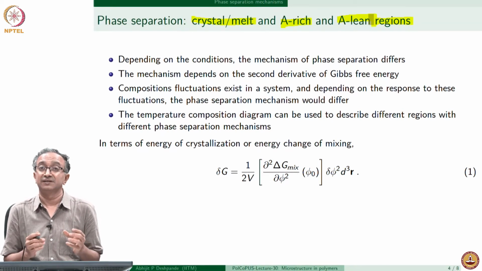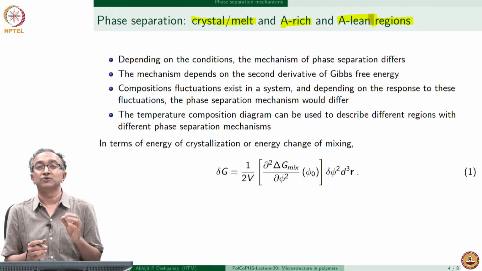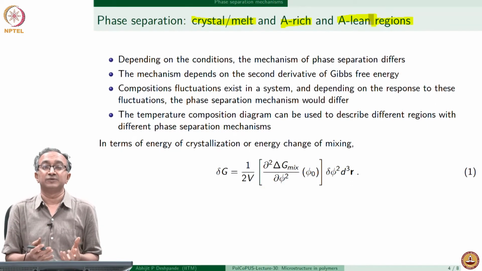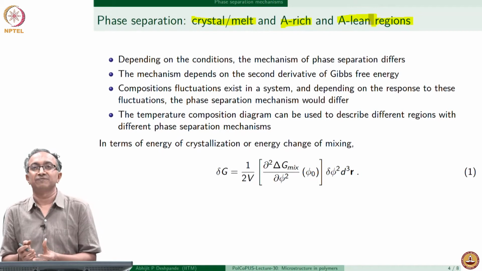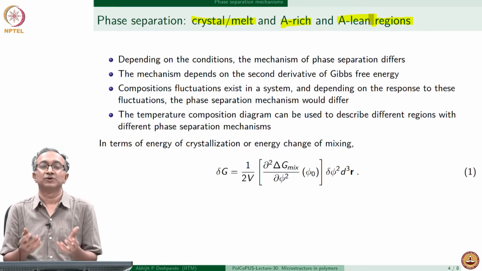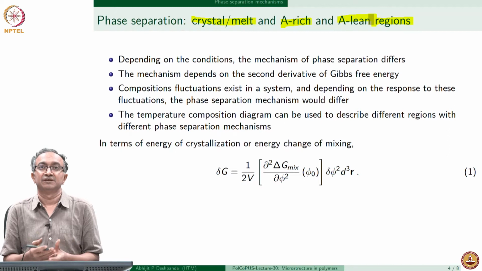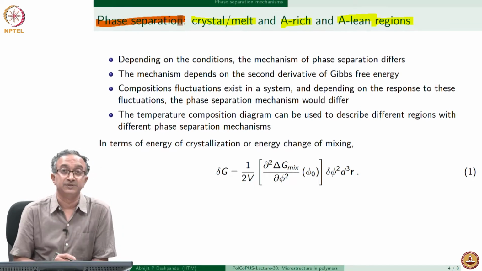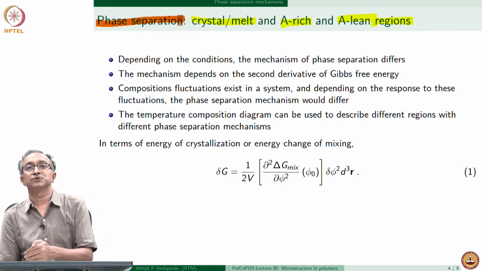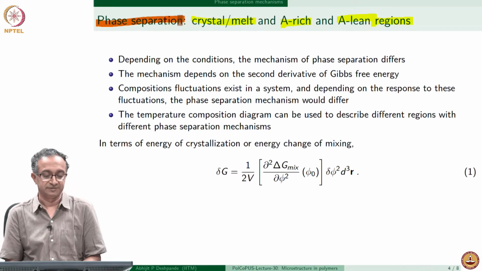Given that macromolecules are also very slow in their response, and that they are entangled with respect to each other, more often than not it is the kinetics of phase separation which determines the overall phase separation boundaries or domains. Therefore phase separation is very crucial for polymeric systems, because it completely determines the microstructure in the final performing part.